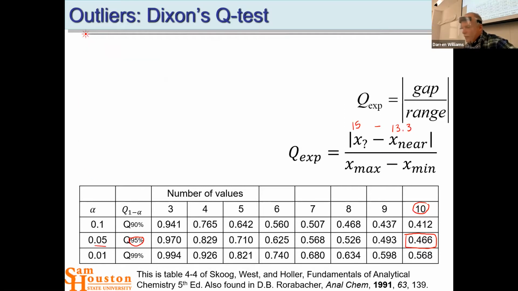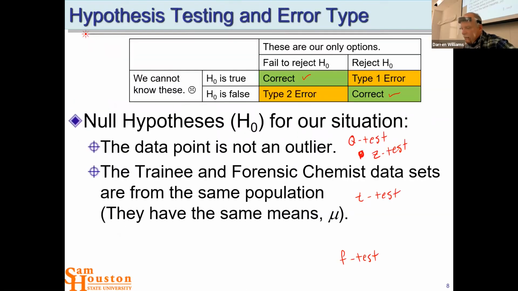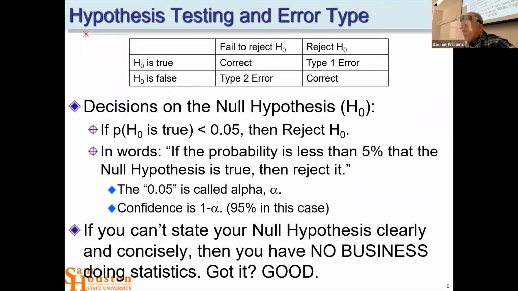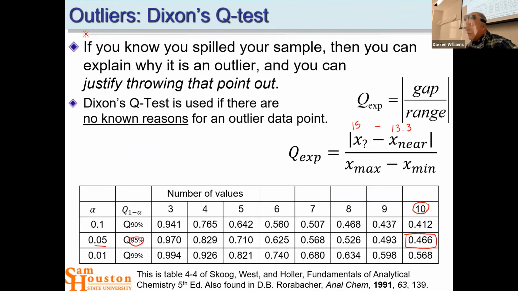Let me get the range. The lowest is 11.5. So the range is 3.5. Yeah, I guess we could have written that in there. So you could just put the range down here, or you could put 15 minus 11.5.